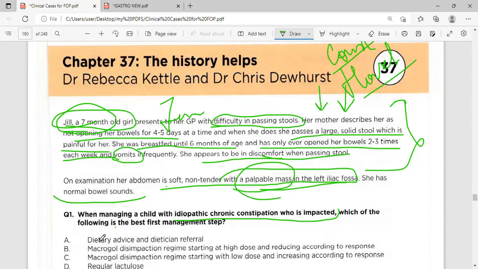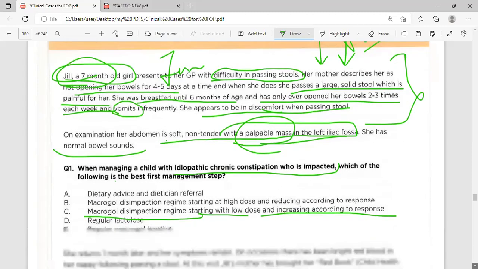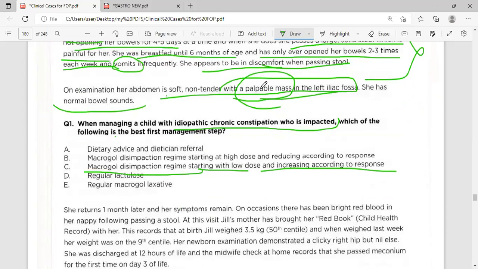We'll start with the lowest dose and increase the dose according to the response over 1 week. After 1 week, we are going to review the child. If the child is still not responding, that was for oral disimpaction, then we'll go for rectal disimpaction. We are going to give an enema. If after rectal disimpaction the child is not responding, then we will go for manual disimpaction. And manual disimpaction has to be done by a specialist.